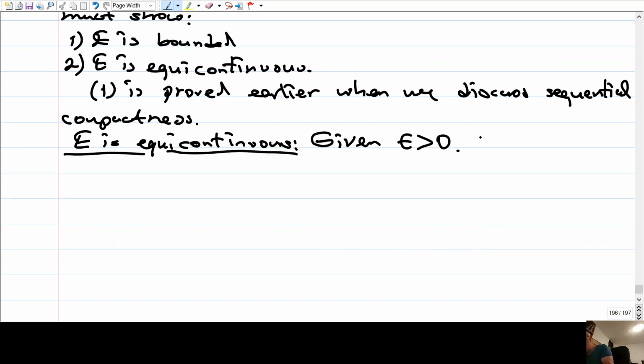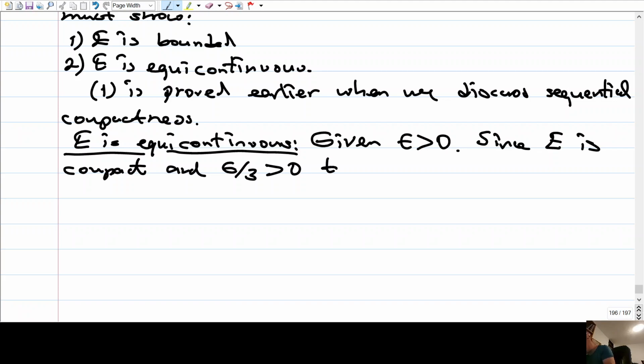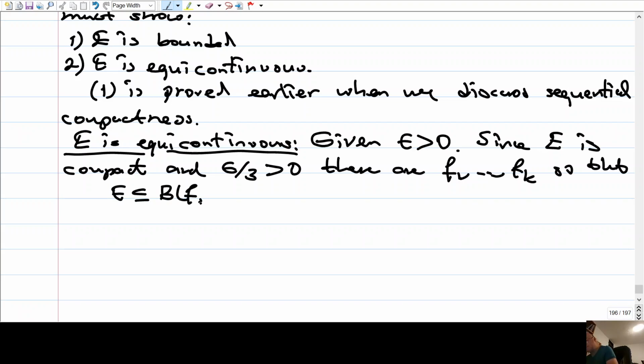Okay, given epsilon, since E is pre-compact and epsilon over 3 is positive, there are f1 up to fk so that E is contained in these balls.